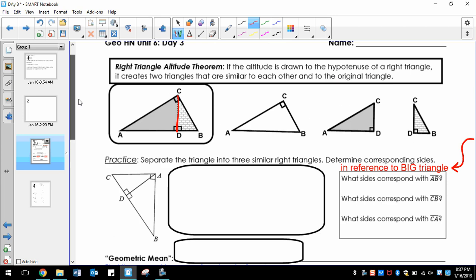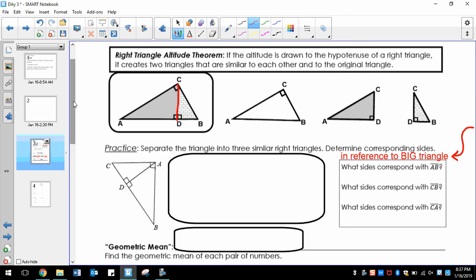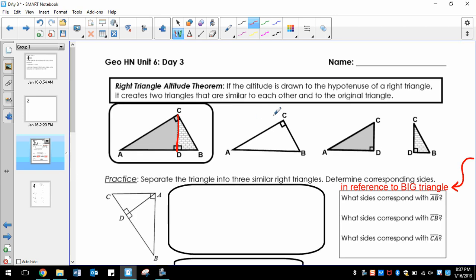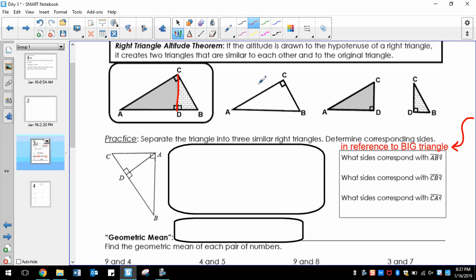So what we're going to be doing is taking that idea and practicing it, determining what the corresponding sides are. Because the triangles are all similar, the corresponding sides should all be proportional like we've seen before. So all that we're really going to do is practice identifying what sides are proportional or corresponding to other sides in the other 2 triangles.